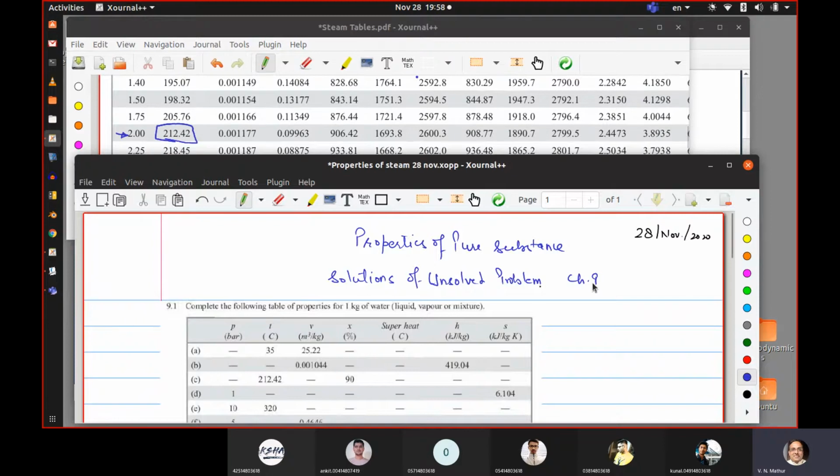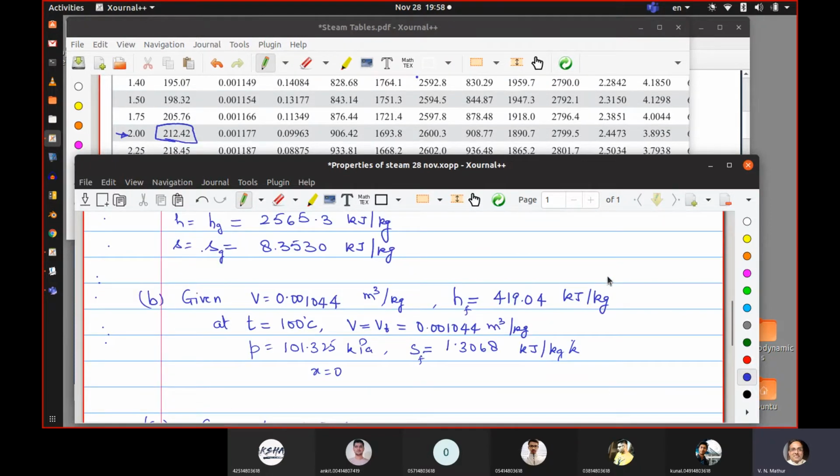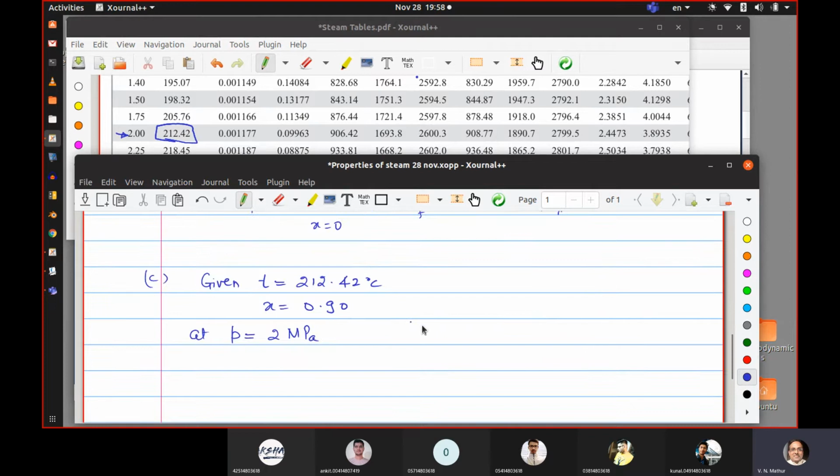So we are talking about these values. I'm writing these values from the steam table. At 2 megapascal, saturation temperature is 212.42. Vf is 0.0011 meter cube per kg.